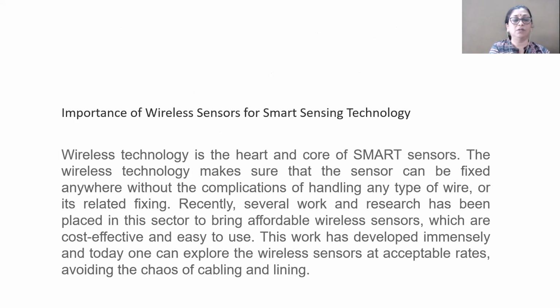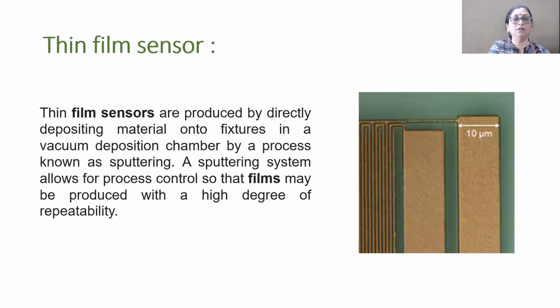So such type of sensors are called wireless sensors. And such a large network of sensors can be formed to collect the data from various locations. So this field is called wireless sensors and wireless sensor networks. So this is gaining importance nowadays.